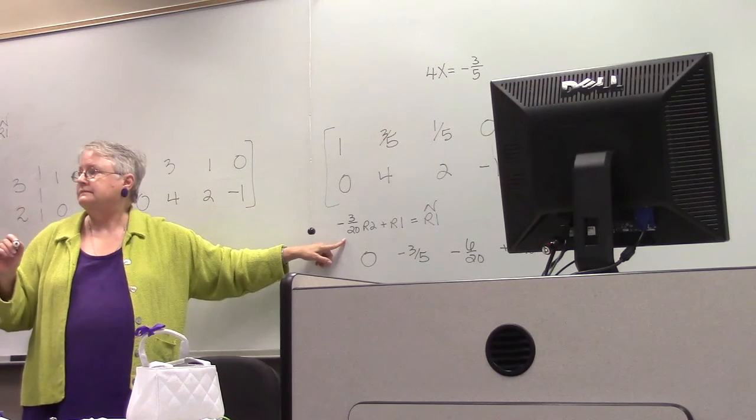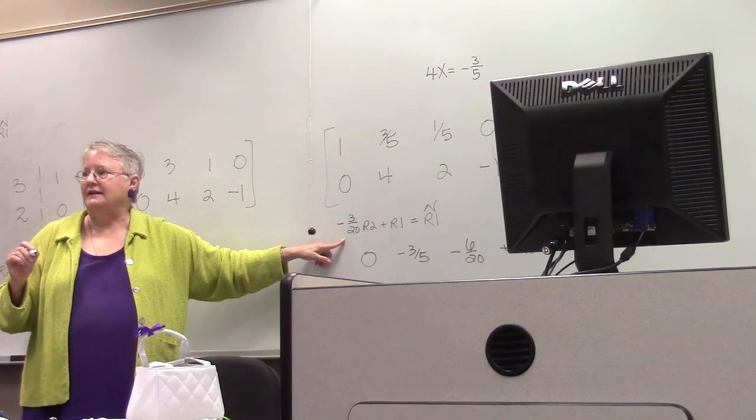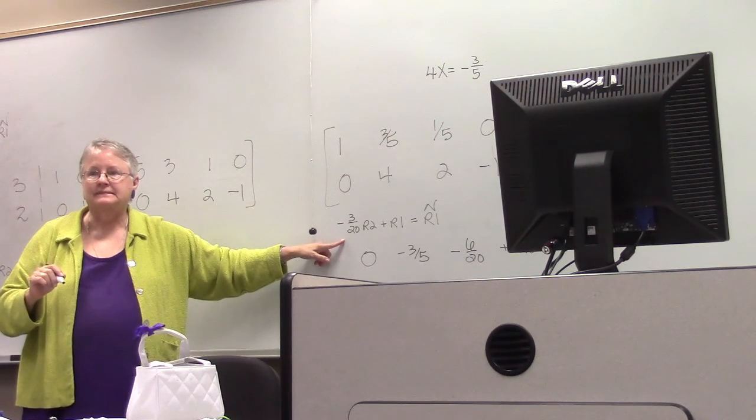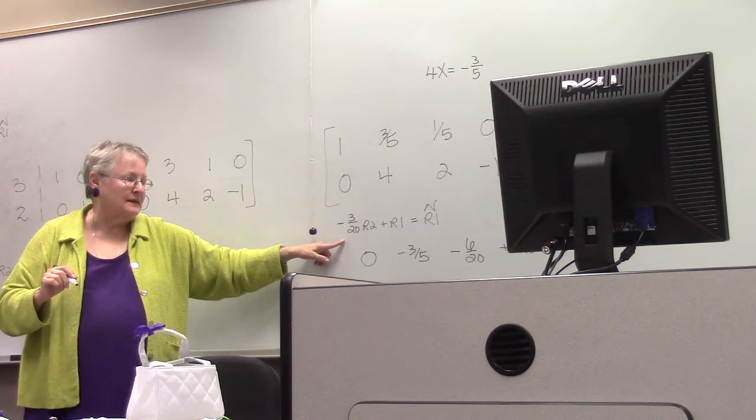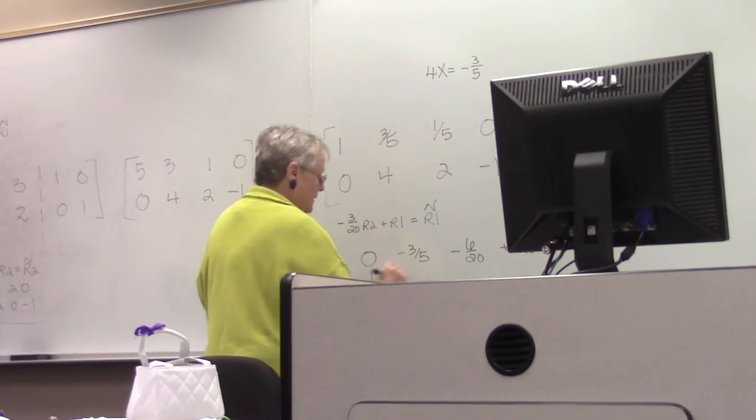There will be a simple calculator on a link. Thank God. So, one's good. 2 times negative 3 was negative. So then I'm going to add it to row 1.